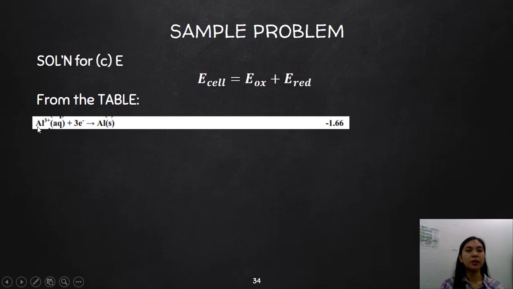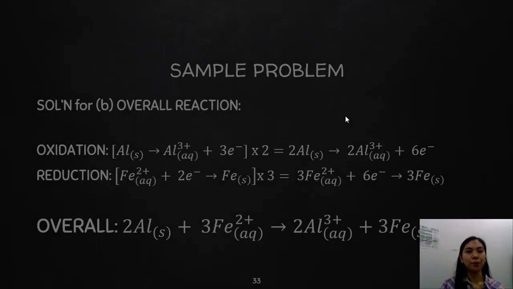So, from the table, diba, ito po yung isang half reaction, your Al3 plus in an aqueous form plus your 3 electrons yielding your Al solid. Ang value daw niyan is negative 1.66. Kumbaga, parang ganito po.